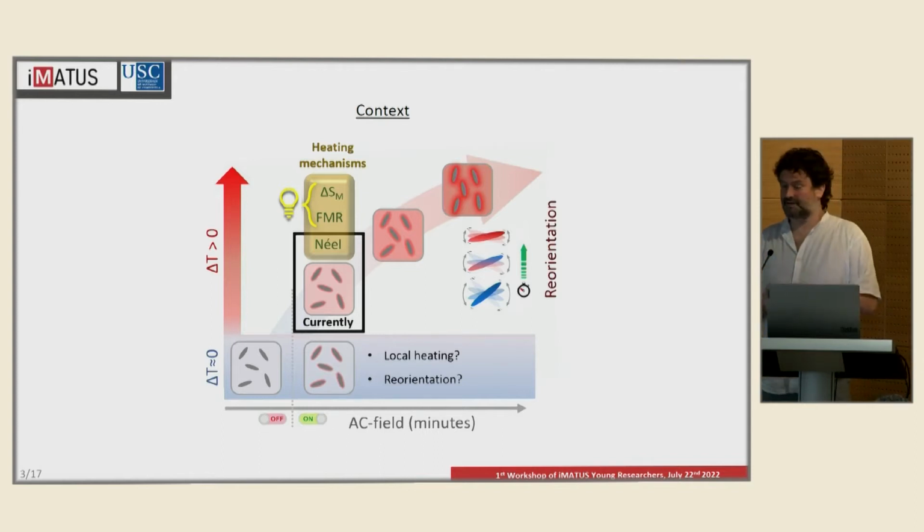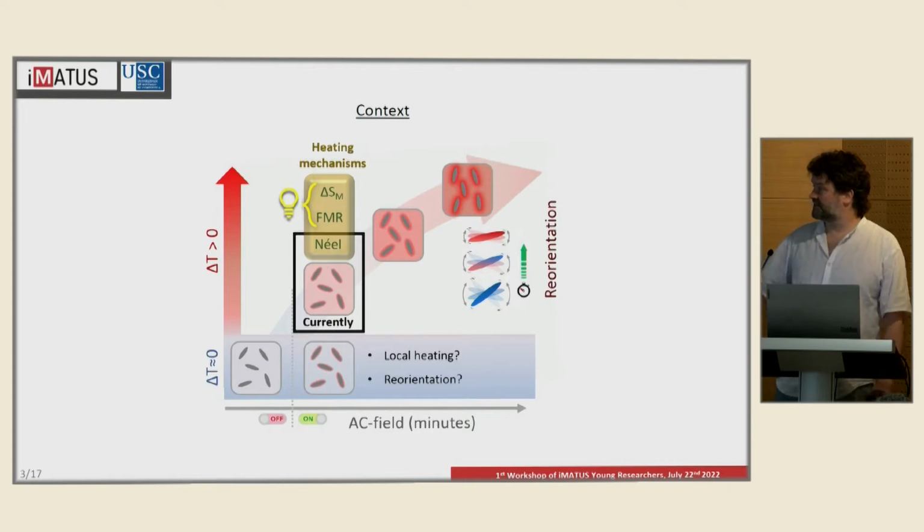How do you know, if the only technique we apply to characterize is the increase in global temperature? How can we know what is going on at the local level? There are some experiments showing a long time scale reorientation, so how to take this into account. There is also the possibility of other heating mechanisms, but I will not describe those.